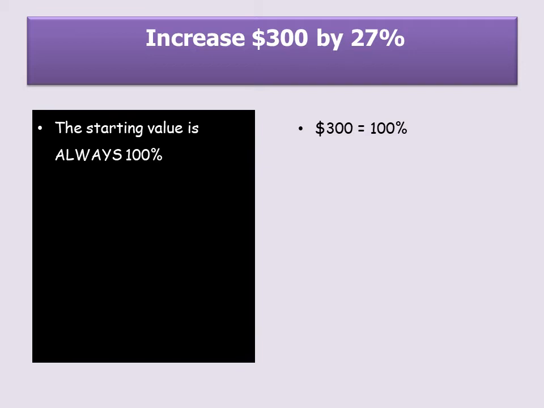And since we're dealing with percentage, percent means out of 100. So that means full amount is 100 or 100%. Then now, we're going to add the percentage increase to the starting percentage. Meaning, since the question said that we are to increase 300 by 27%, we're going to add 27% to our starting percentage.